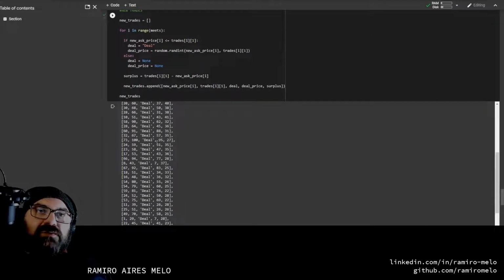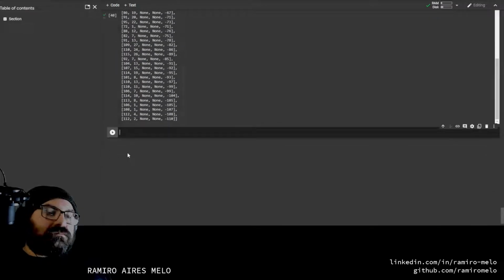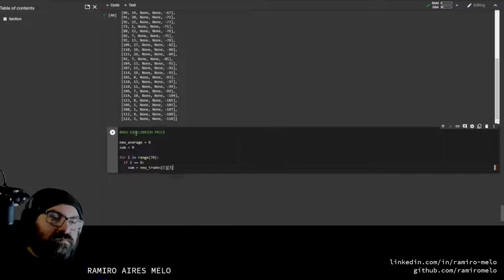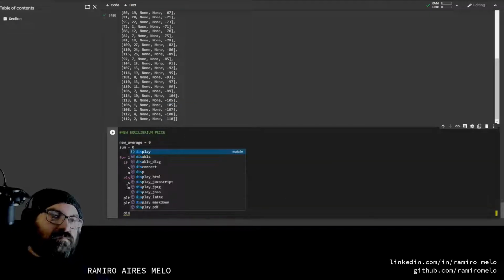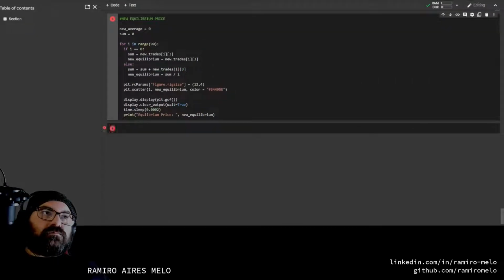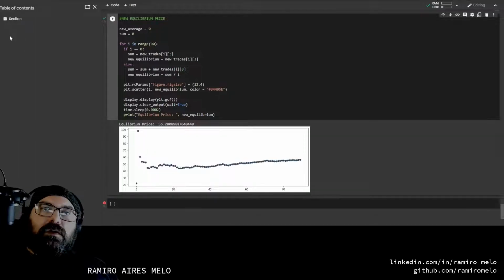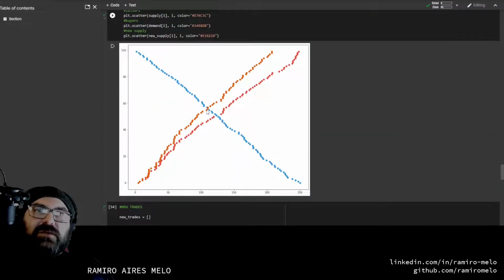Now we have the new data with taxes included. And as you can see, our new equilibrium price rose to 56. Okay, that's this new level here.